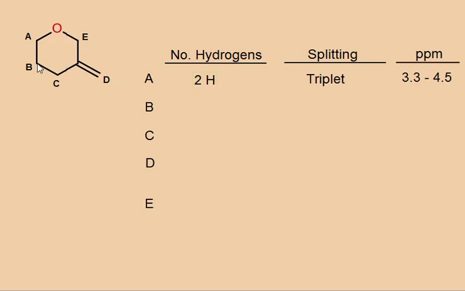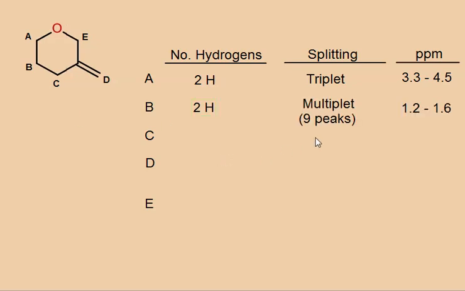For the carbon next door, carbon B, we have two hydrogens again. We have two non-equivalent hydrogens on A, which would split the signal into a triplet. And then each of those signals in the triplet, because of the other two non-equivalent hydrogens on the other side, would be split into another triplet.